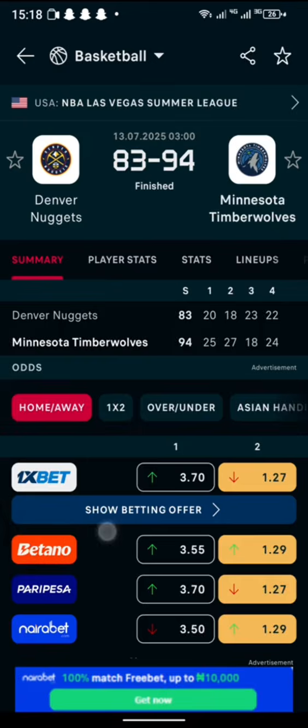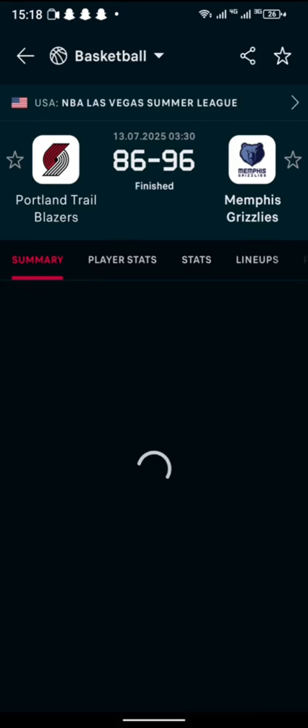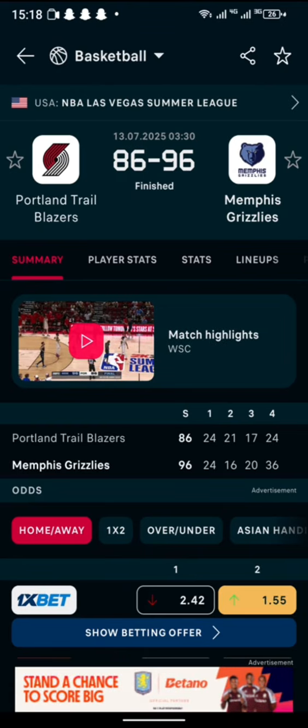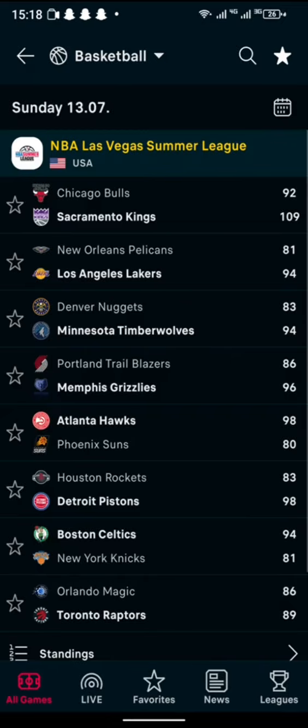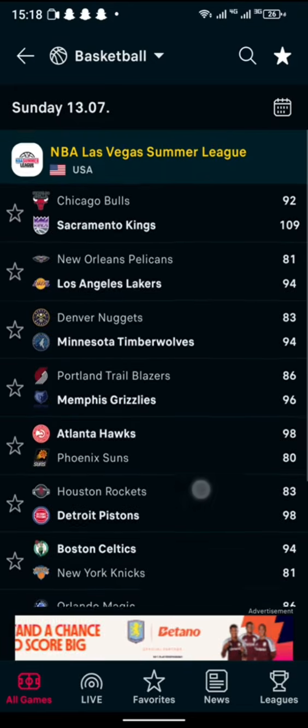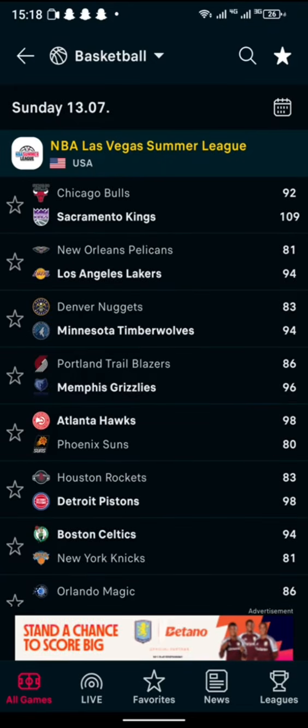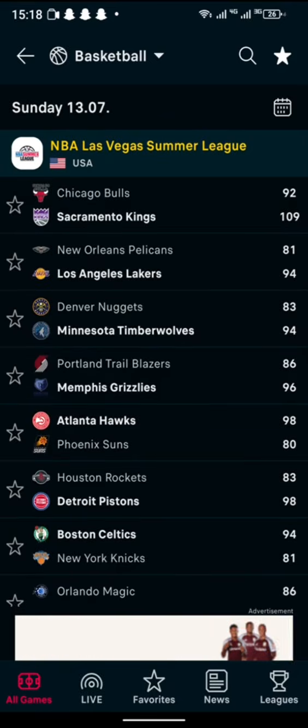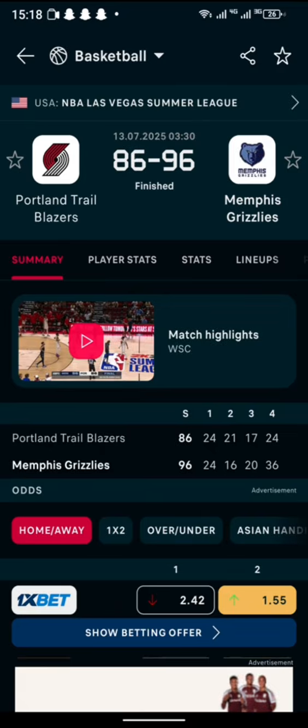Basketball is a game that they can hardly have a draw. Like you see, they had a draw here, but this is just the first draw we are seeing in these new matches we just opened. Okay, yes, this is the first one.